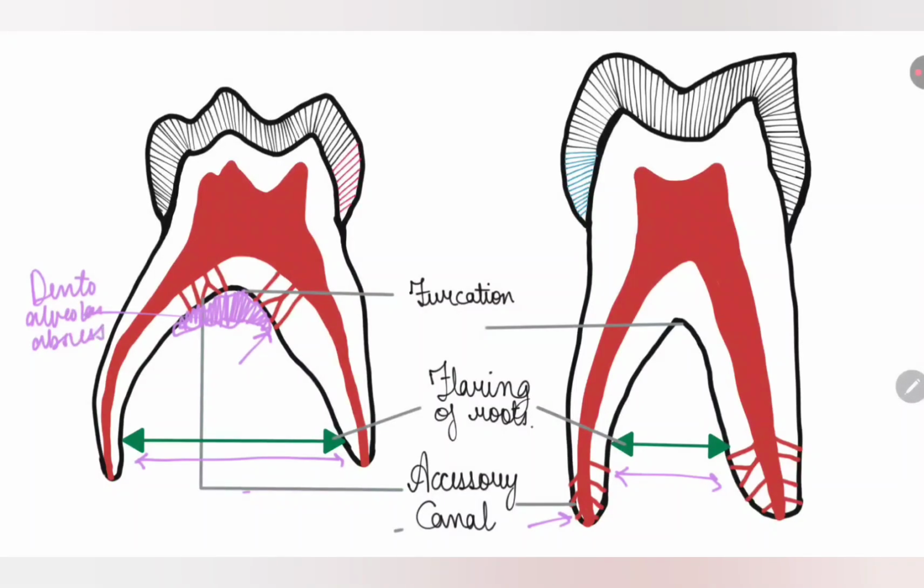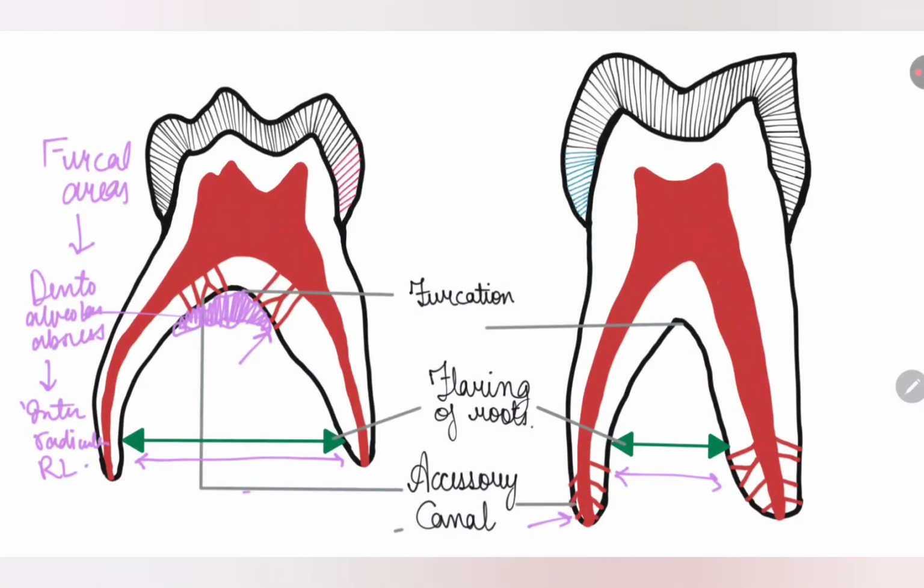right? So in primary teeth, the accessory canals are present more in the furcal areas, which will lead to dentoalveolar abscess. There are more chances of dentoalveolar abscess in primary teeth, and interradicular radiolucency is commonly seen, right?